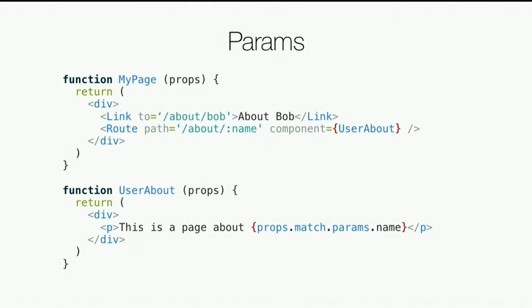But basically, once we're inside the router, all of your components inside that router will automatically get a set of props. Those props include a match object, a history object, and a location object. They're pretty good names for it because that's basically what it is. The match object gives you information about what URL you matched to get there. The location is information about the location that you're currently in.